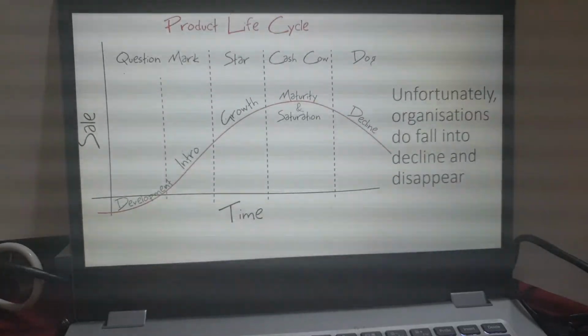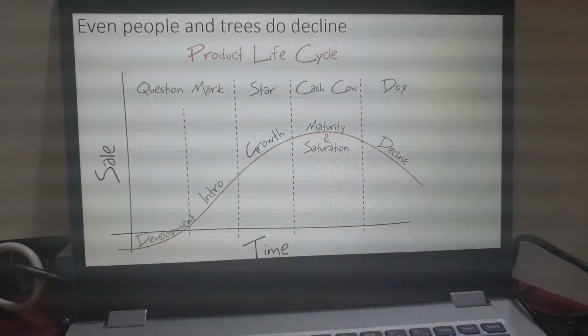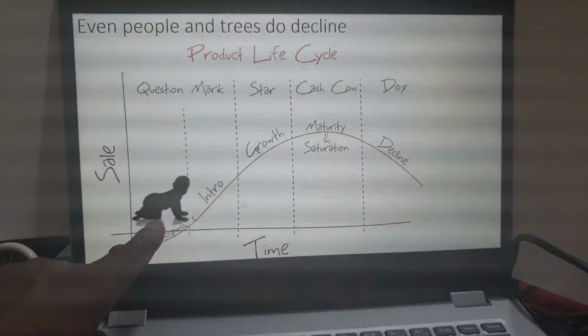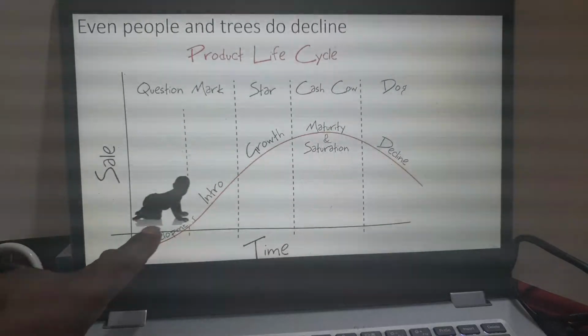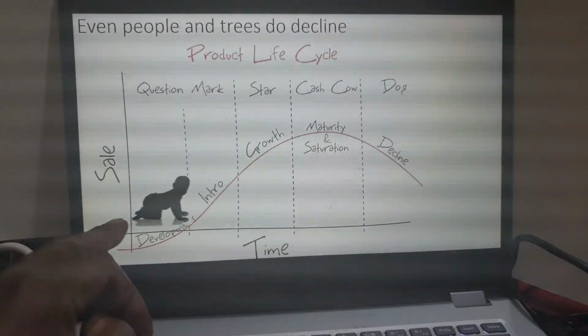Unfortunately, that's what happens to quite a number of businesses. Even people and even trees do decline. Look, a baby is born, equivalent to a question mark. Will this baby survive? Will mortality be too high?